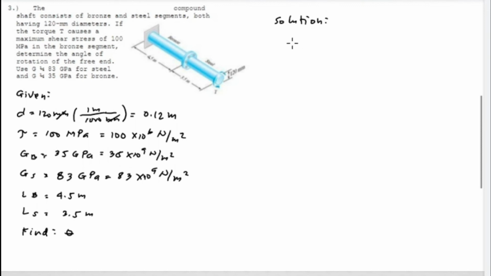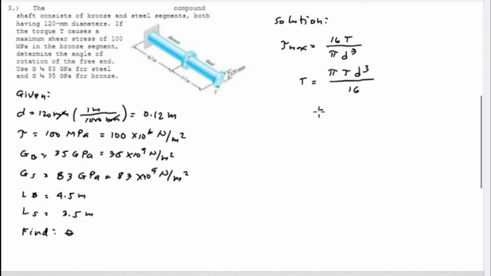First, we need to find the value for T, or torque, using the maximum shearing stress. So the formula: maximum shearing stress is equal to 16T all over pi d cube, and T is pi times shearing stress times d cube all over 16.